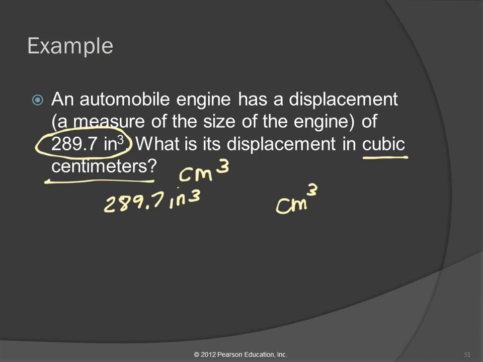We're not going to find a relationship in this table that gives us cubic inches to cubic centimeters, but we will find one that gives us inches and centimeters. So the relationship between inches and centimeters is that 1 inch equals 2.54 centimeters.